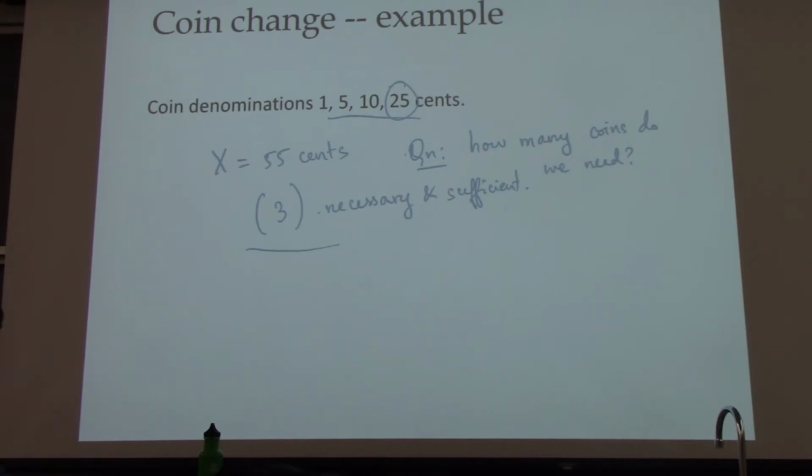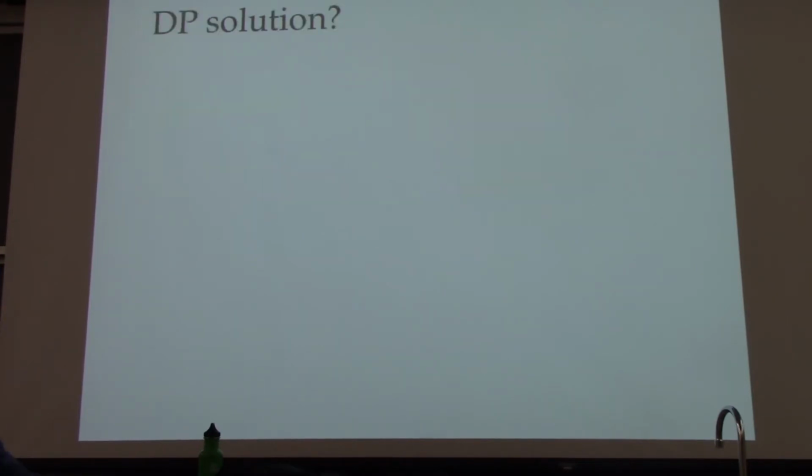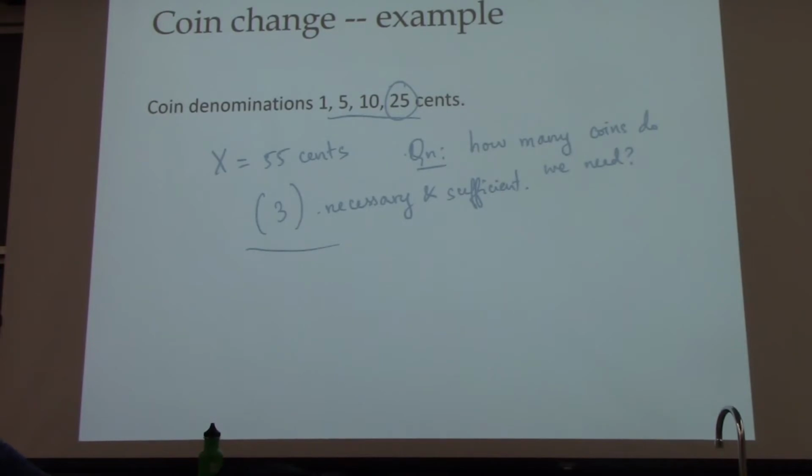Okay, so in general you could have an algorithm like this, right? So you say that basically choose the coin of highest denomination that is smaller than x. Okay, so this is what you guys are saying.